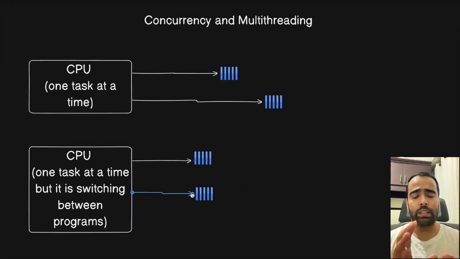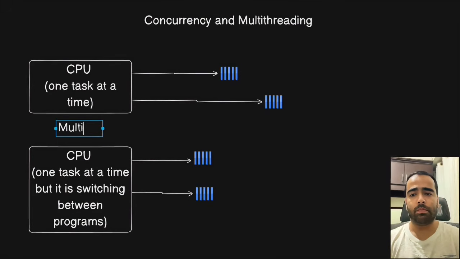It gives you an illusion that multiple tasks are happening at a time, but in the background the operating system and CPU are working together to switch between the applications or tasks, so that it can give you the feel that everything is running in parallel, but that is not the case. It's switching between tasks. Some time will be given to this, then the CPU and operating system will give time to that. That's how it works. So this was multitasking.